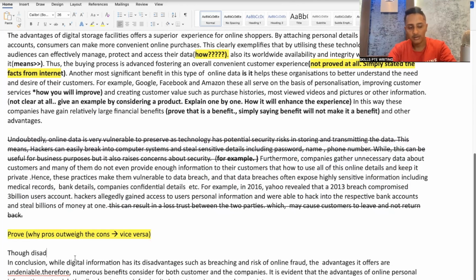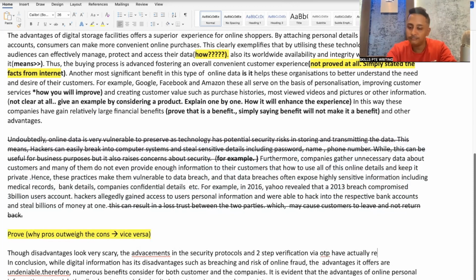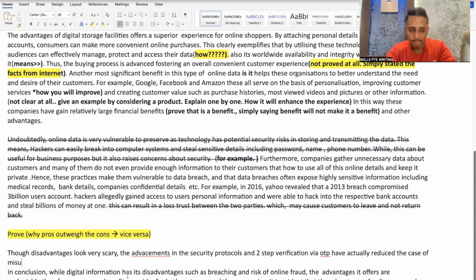Though disadvantages look very scary, the advancements in the security protocols and two-step verification via OTP have actually reduced the cases of misusing personal data.